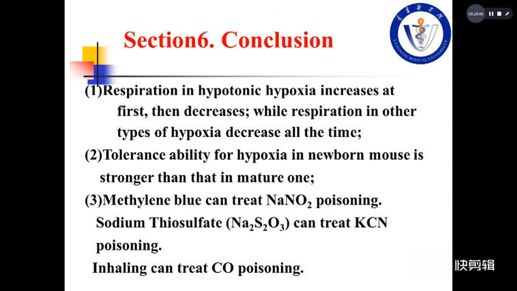Now the second, tolerance ability for hypoxia in newborn mouse is stronger than that in mature mouse. Now the last, methylene blue can treat nitrate poisoning. Sodium sulfate can treat cyanide poisoning.